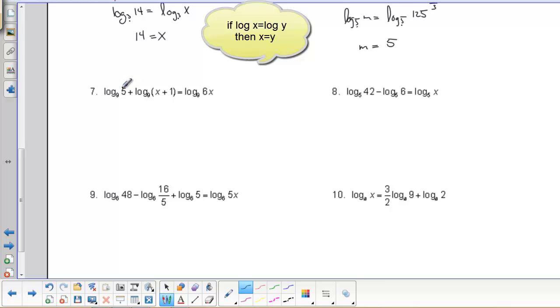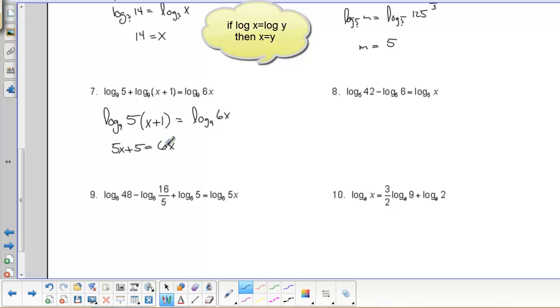Alright, this is the product property, log base 9 of 5 x plus 1 equals log base 9 of 6x. My logs are the same, they drop off. I'm going to go ahead and distribute the 5 throughout.